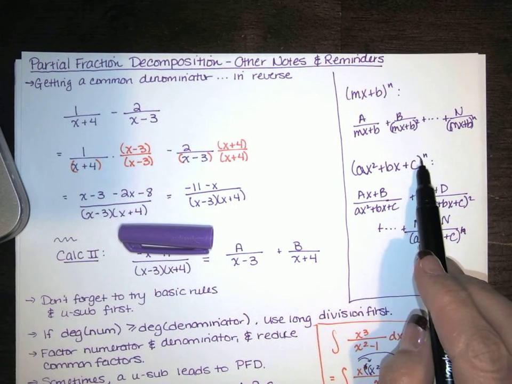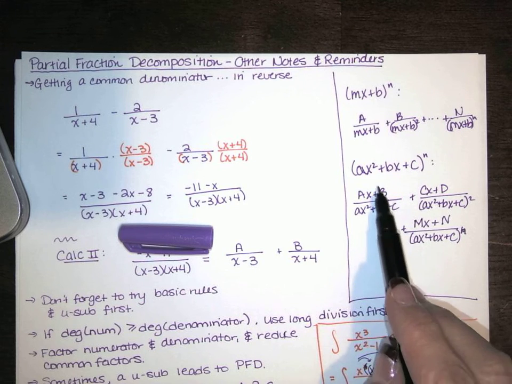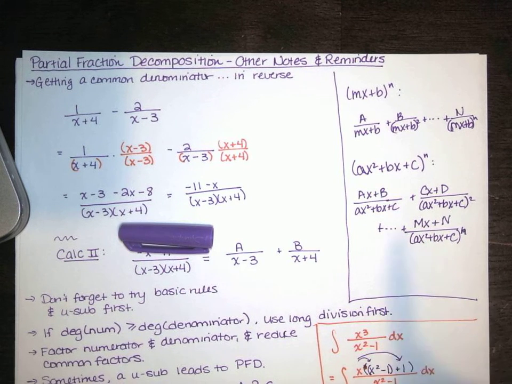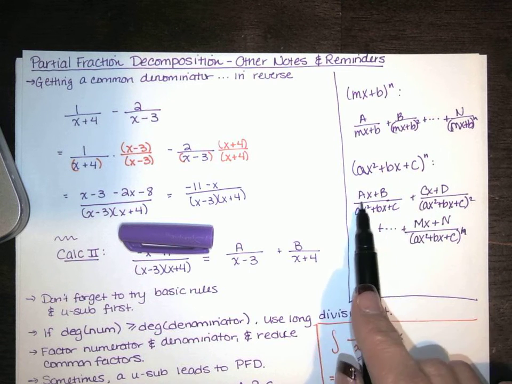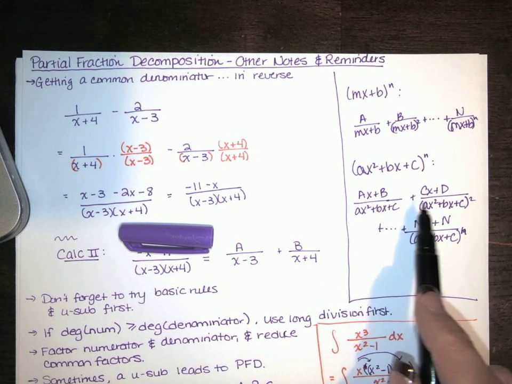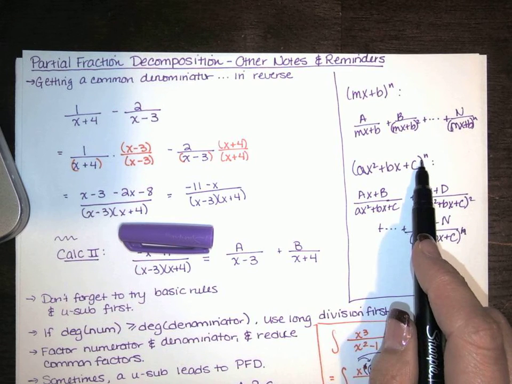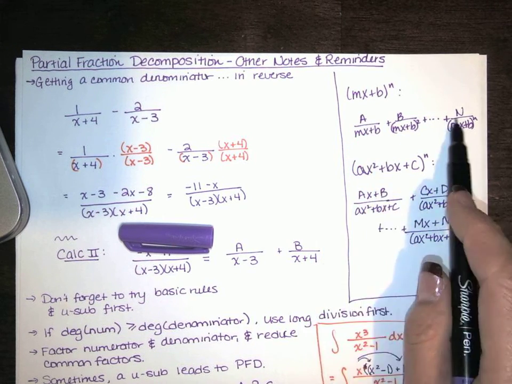If there are 3 of these, if this is cubed, you're going to have 3 terms. You're going to have this one, and this one. But the main difference is if it's an irreducible quadratic, you're going to have a linear expression in the numerator, and you're going to have that raised to the first power, the second power, all the way up to the nth power. If it's a linear factor, you're going to have a constant in the numerator.